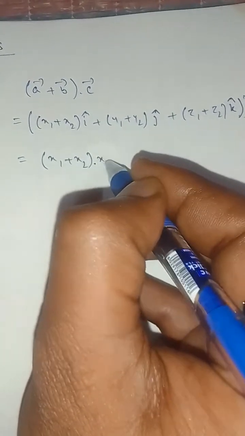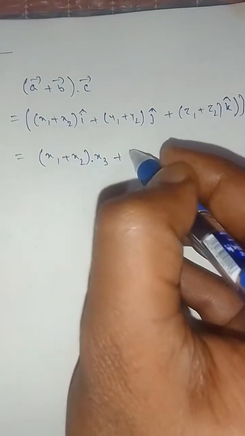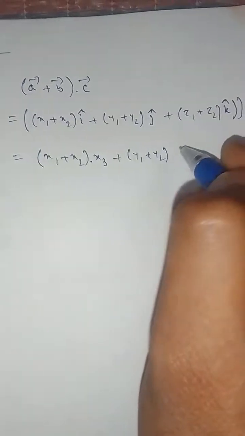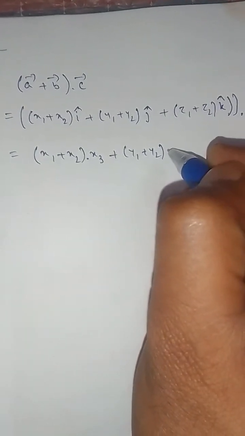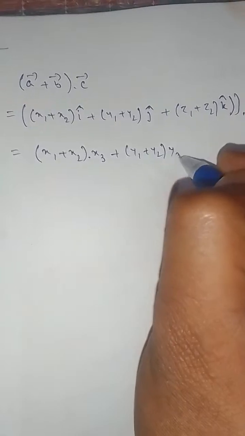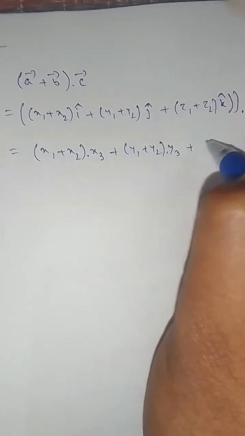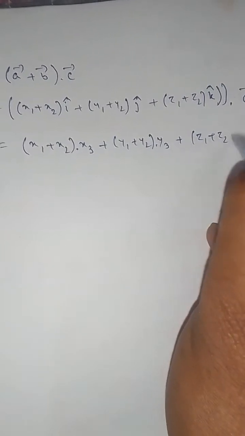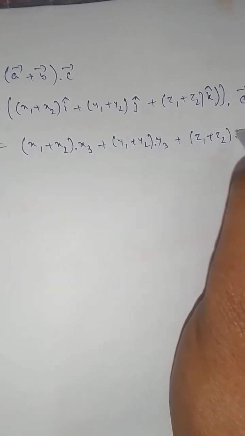multiply or dot x3 plus y1 plus y2 dot y3 plus z1 plus z2 multiply z3.